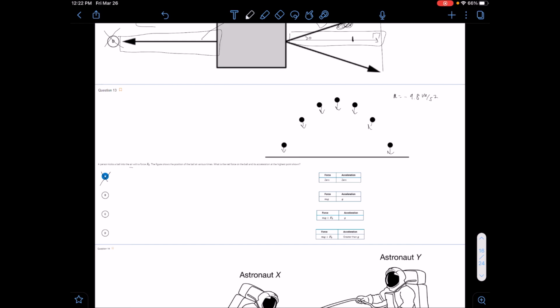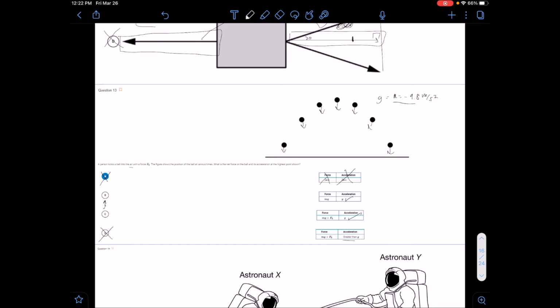And because it's going up and falling, the net force can't be equal to 0. And the acceleration is obviously not 0, it's negative 9.8. So this is wrong. So this is A, which is also equal to g. So we know that the acceleration of these two are correct. And so this one's wrong, so we can cancel this one out.